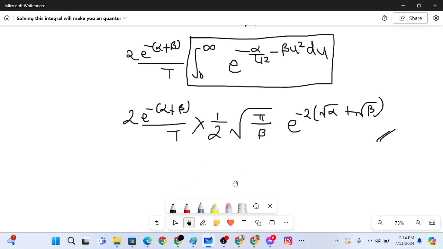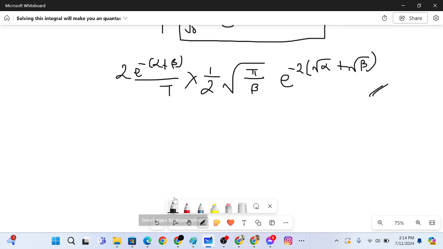Now up to this, let us simplify it using the fact that a is alpha t. If we use this fact, now I can say that alpha is a by t. Similarly, beta is b by t.